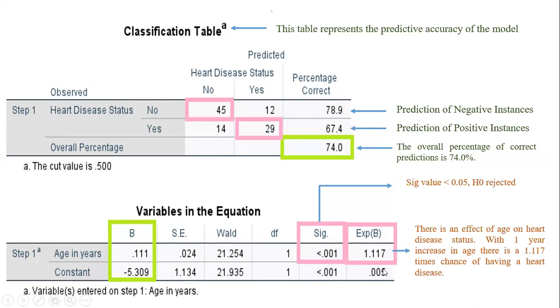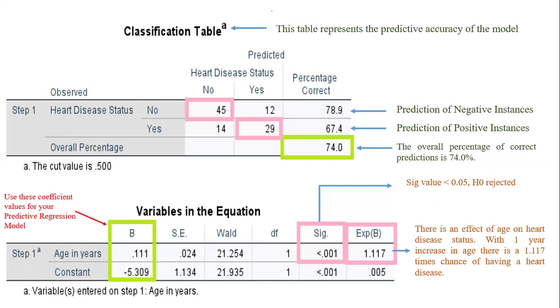So when you increase 1 unit in the age or 1 year in the age, there is 1.117 times chance of having a heart disease. So this is an equal chance. With an increase in age, you have 1.117 times chance of having a heart disease.